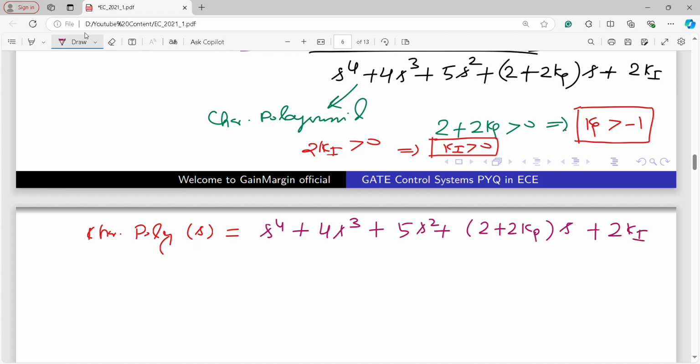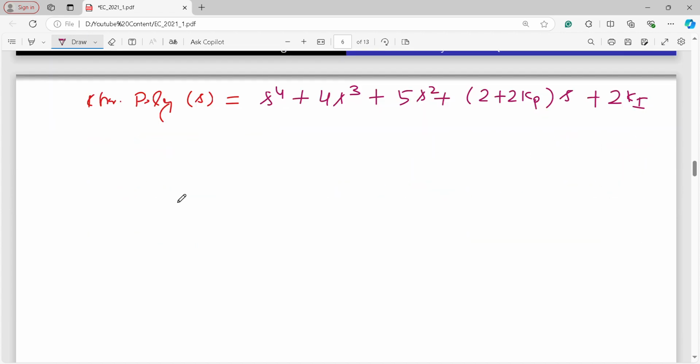Alright. So here this is our order 4. So s power 4, s power 3, s power 2, s power 1, s power 0. I'm forming the Routh-Hurwitz table. So for s power 4, take this term and this term.